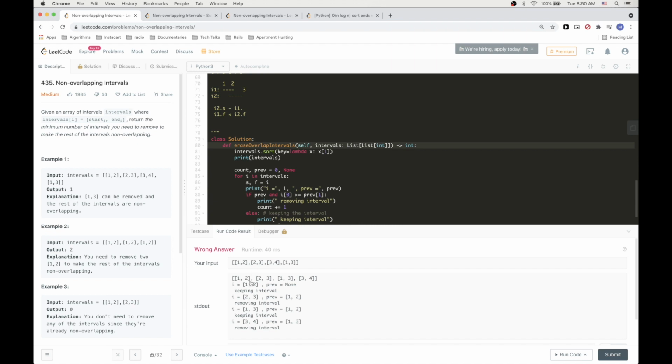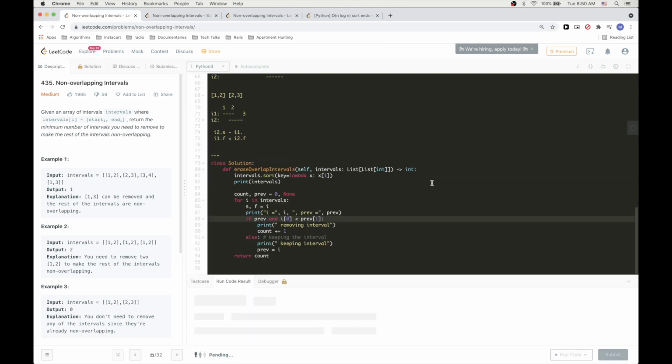Okay, so I'm sorting by end, and all we need to do is to make sure the interval's start time is bigger or equal. Oh, so this is valid. So smaller is the one when we want to remove it.